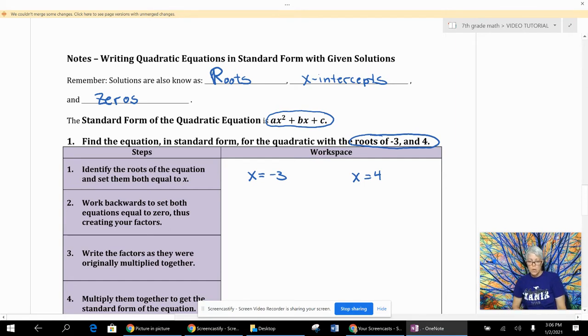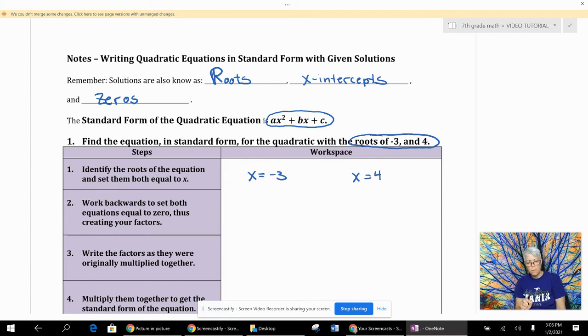Now, when we finished finding the solutions, we ended up with answers like x equals -3, x equals 4. So what we're going to do is the inverse. We're going to work backwards. We're going to kind of undo this.